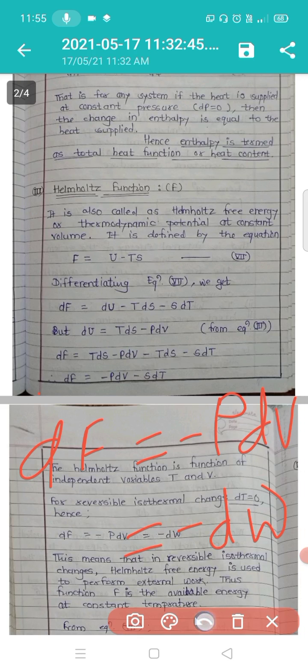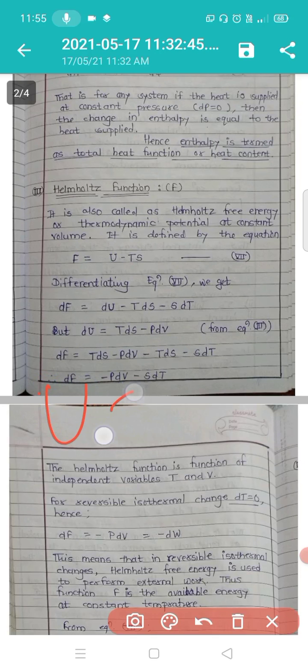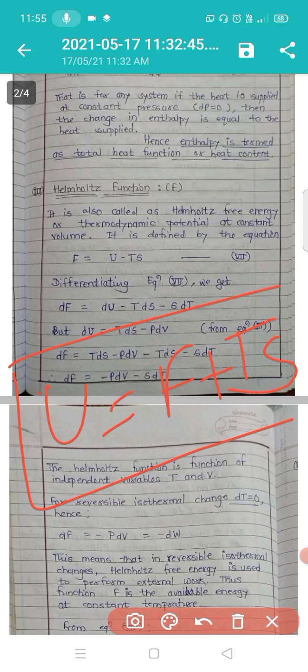From the equation, rearranging, we get U = F + TS. That is, the internal energy of the system consists of two parts: the free energy F, which is the available energy in a reversible isothermal change, and TS, which is U - F and is called the latent heat, or latent energy, of the system.